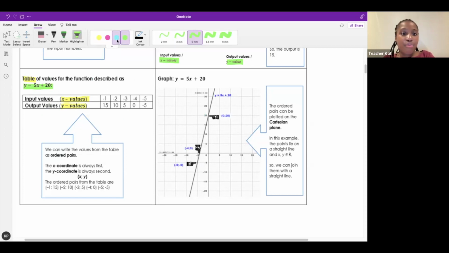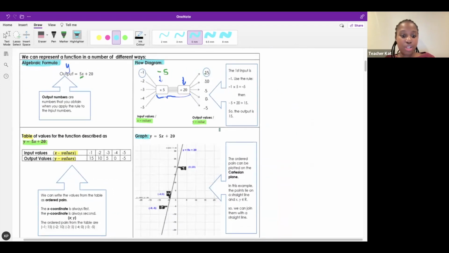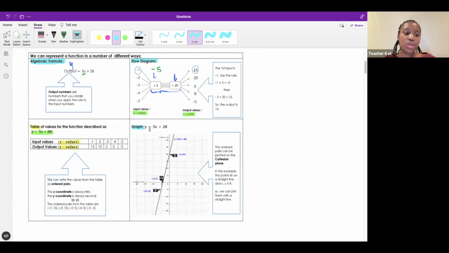And the final way to represent functions is through a graph. This is the only one that we have not dealt with so far, so that's the one we're going to deal with today. We're going to see what a graph looks like for certain types of functions. I want you to familiarize yourself with, or take a screenshot of, all 4 of these ways to represent functions.